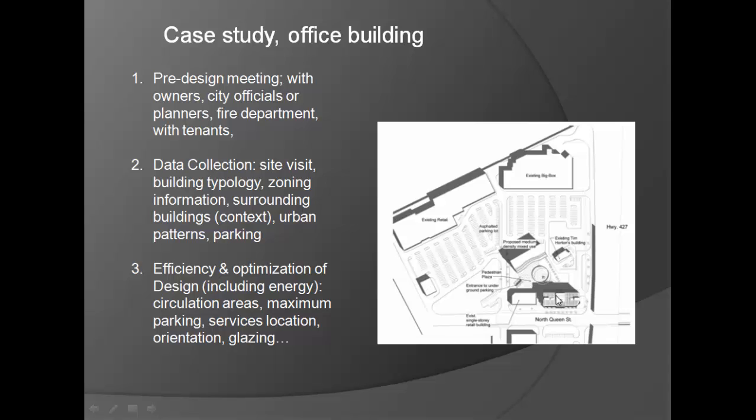The possible mistake number 3 is the lack of efficiency and optimization of design, including energy, the circulation areas, the maximum parking, services location, orientation, amount of glazing, and so on and so forth.